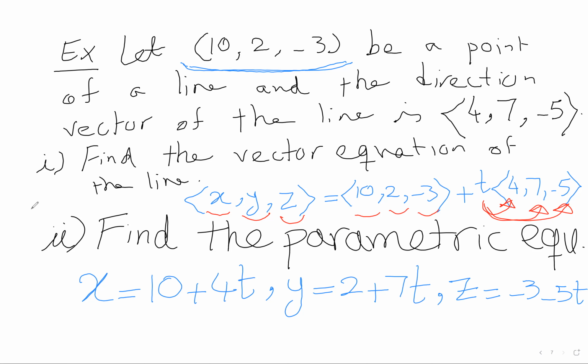So x is going to be 10 plus 4 times 1, which is 14. And y is 2 plus 7 times 1, which is 9. And z is minus 3 minus 5 times 1, which is minus 8. So the point with coordinates 14, 9, and minus 8 is on that line. If I give another value of t, I'll get another three coordinates, and those are on the same line. So as I give different values of t to these three equations, I get different points of the line.